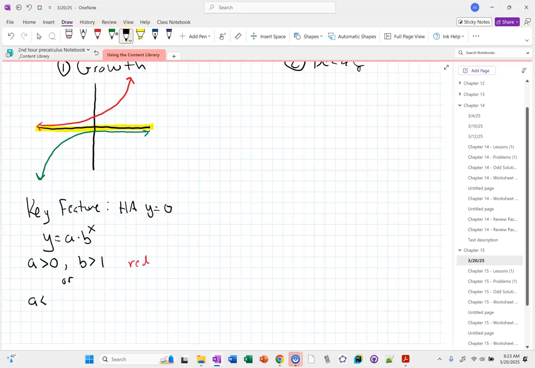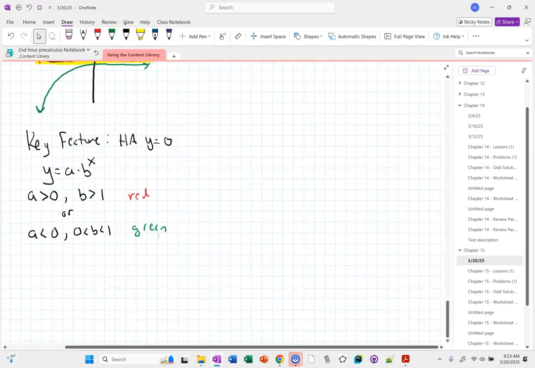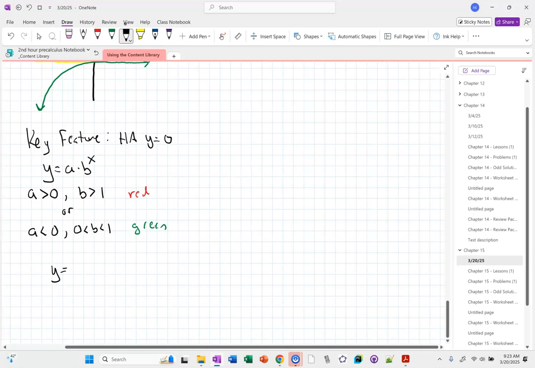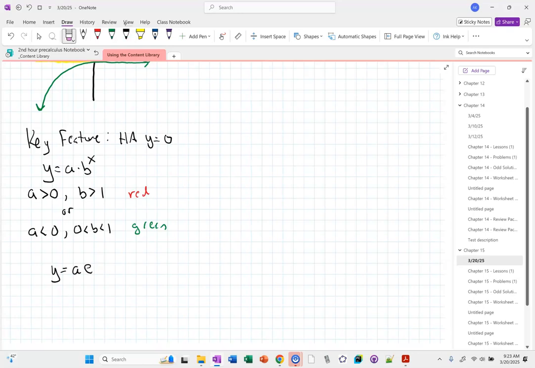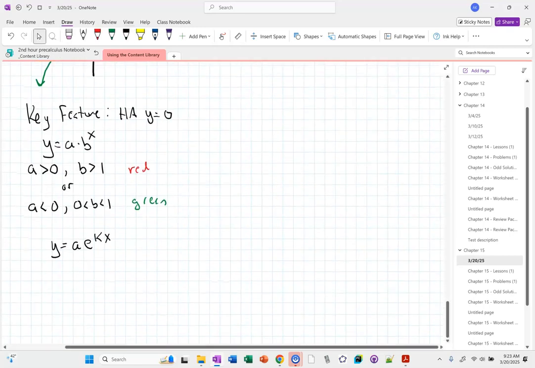If a is less than 0 and b is between 0 and 1, that's the green one. And if you've written it this way, with e, it's much simpler.